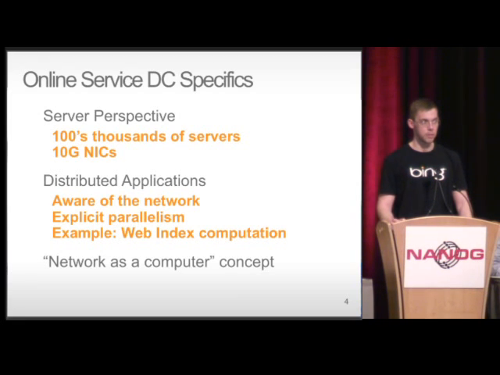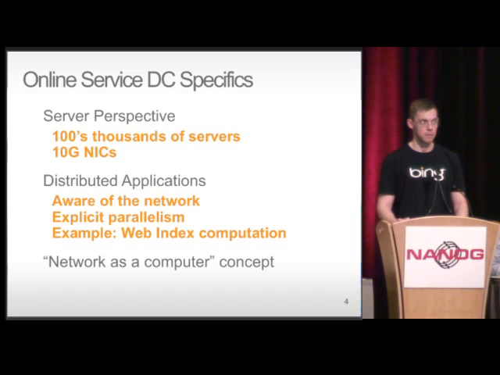So all the applications we run are kind of specific. The applications are well aware of the network. They're designed to be run on the network, and we treat the network as a computer. Essentially, the application is well aware of topology and utilizes the full capacity and full capabilities of the network to perform computations.